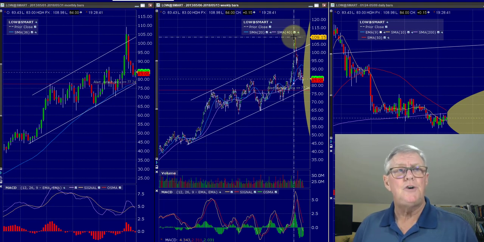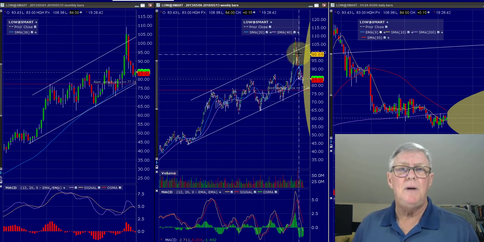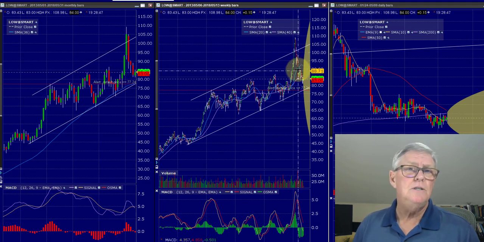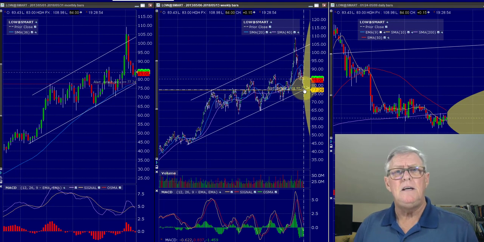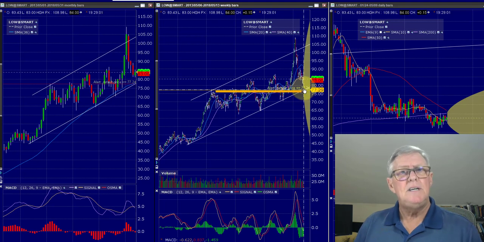It immediately turned around and came back inside the pattern. We call that a retest, and then came across to the midpoint. Once it crossed the midpoint, you get this expectation that it's going to come back down here and touch the trend line somewhere in the, say, $77.50 range. Now, $77.50 is important to remember, so I'm going to take you through the trade.